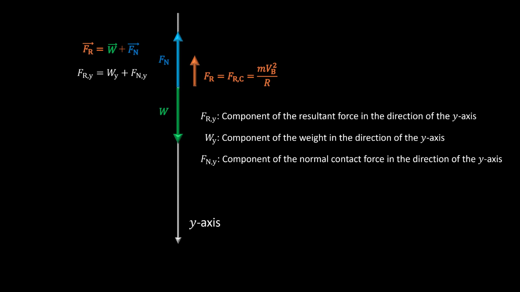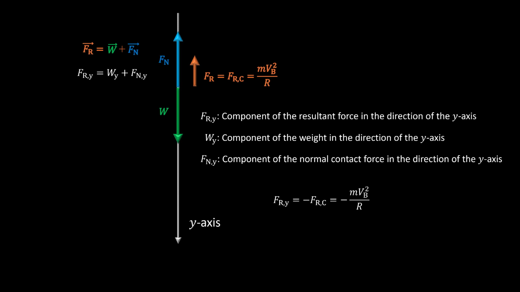Fny is the component of the normal contact force in the direction of the y-axis. I can substitute Fry as minus Frc, which is equal to minus mvb squared over r.